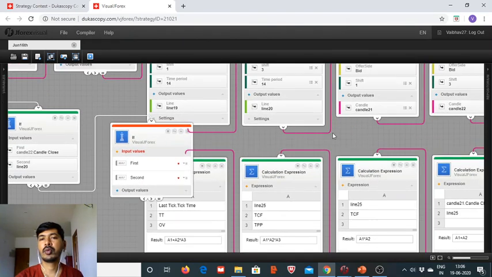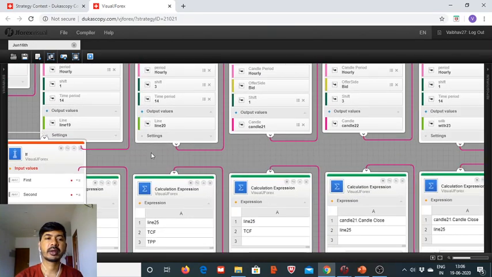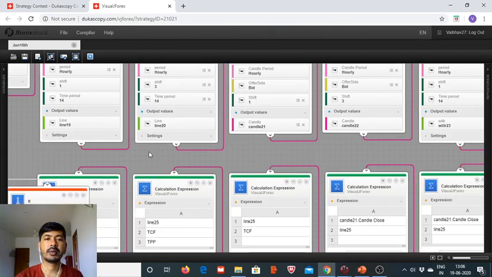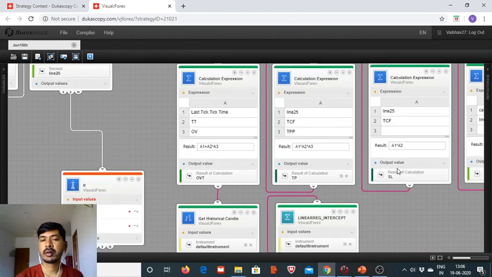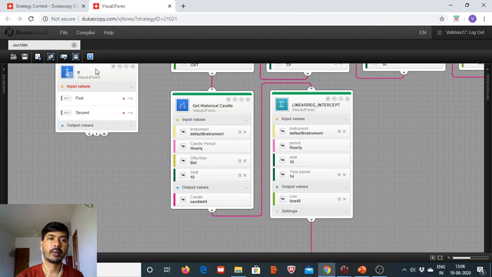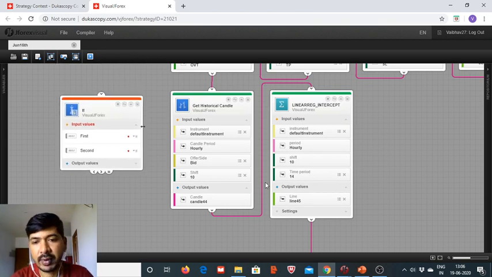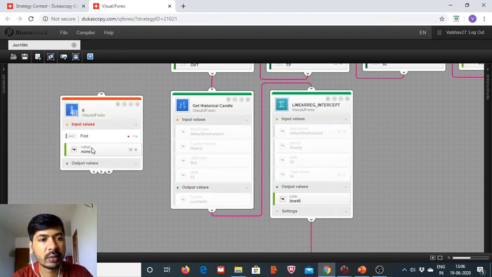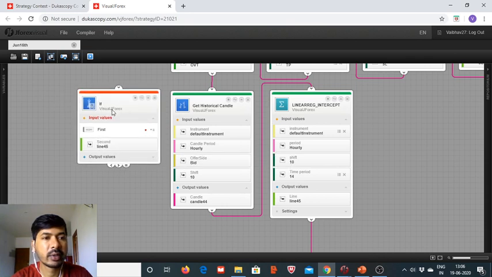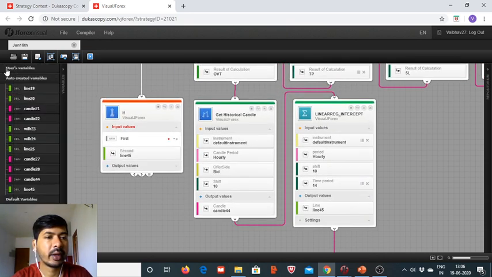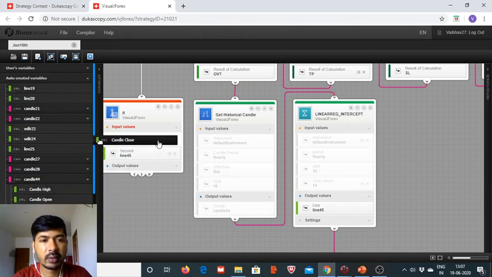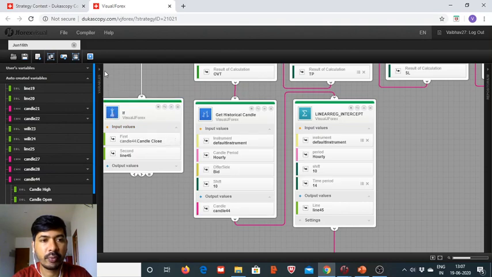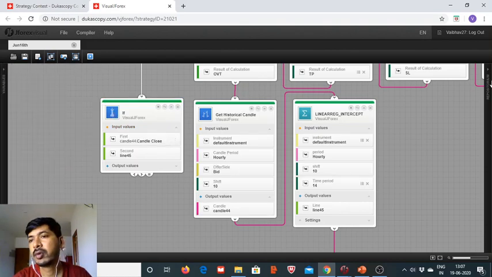Then we have to see the linear regression intercept level 10 hours back, so we have to take the closing level of candle 44 and line 45 into account as well. So here it comes, and candle 44 closing level should have been above the line 45.